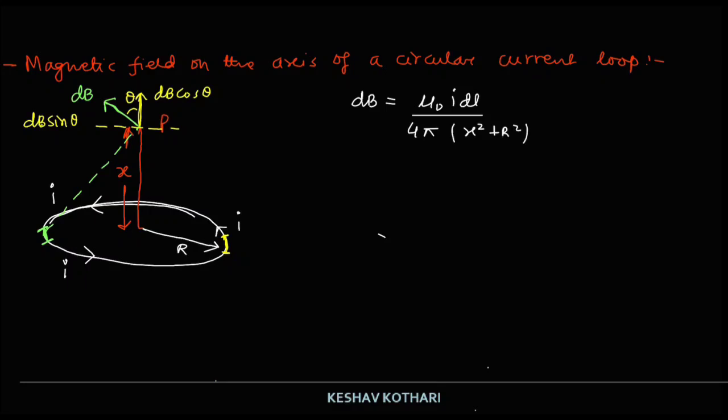So we are taking it in this way. Now since the element dl is placed in the other plane, the displacement vector r, which we are saying as x square plus r square, from the dl to the axial point is in the other plane, and hence the value of sin theta is equal to 90 degree.